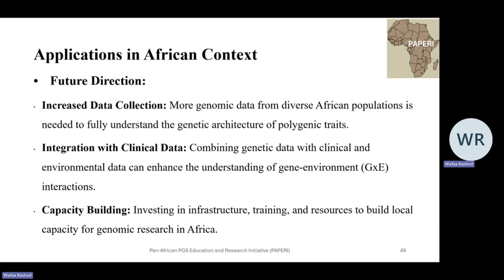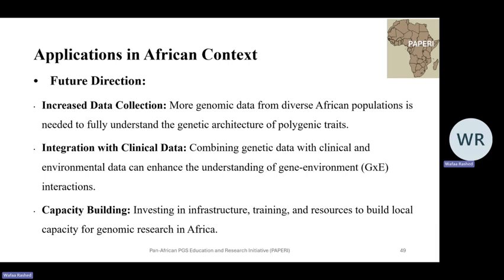When you say African population, you should say African populations. So it's not only one population, African populations. There is variability inside Africa. So data from diverse African populations is needed to fully understand the genetic architecture of polygenic traits.